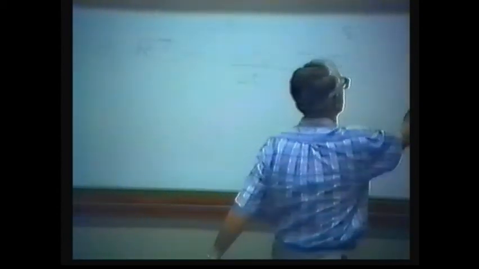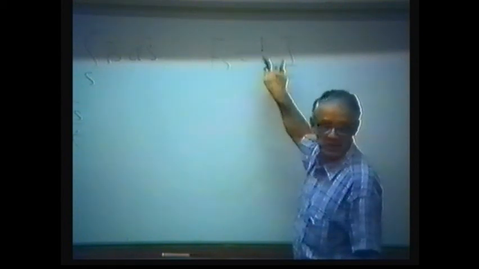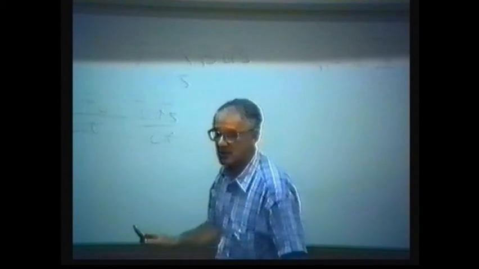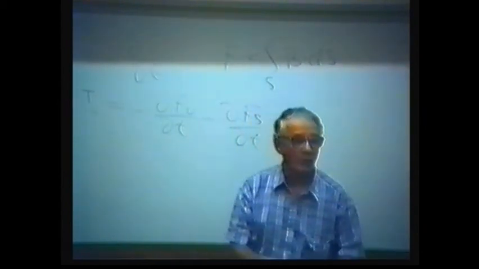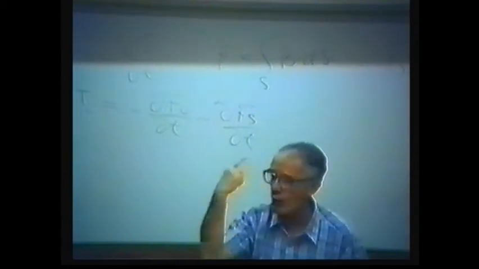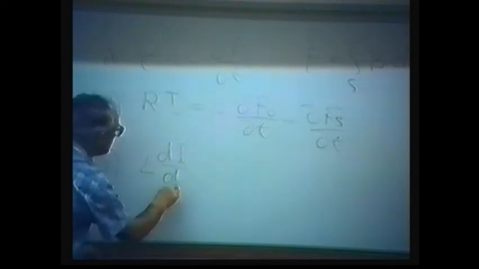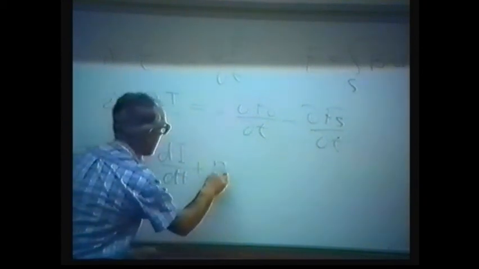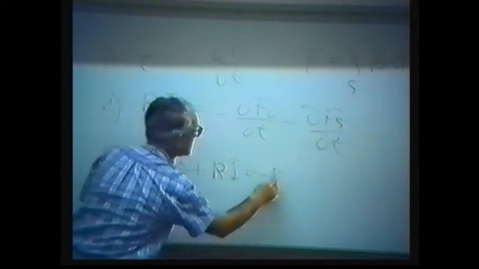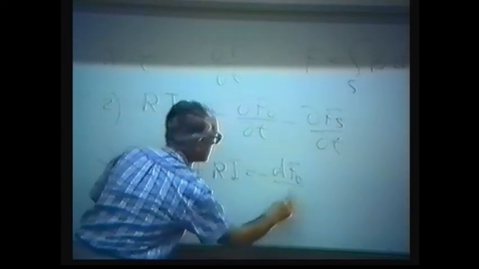And they told flux equals inductance, coefficient of proportionality, times current. I substituted here, obtained an equation which contains only one unknown, current. So what did we get? L di/dt plus R i equals minus dF0/dt.